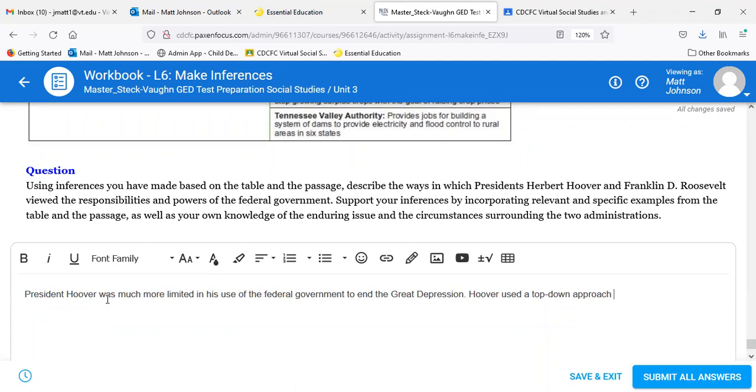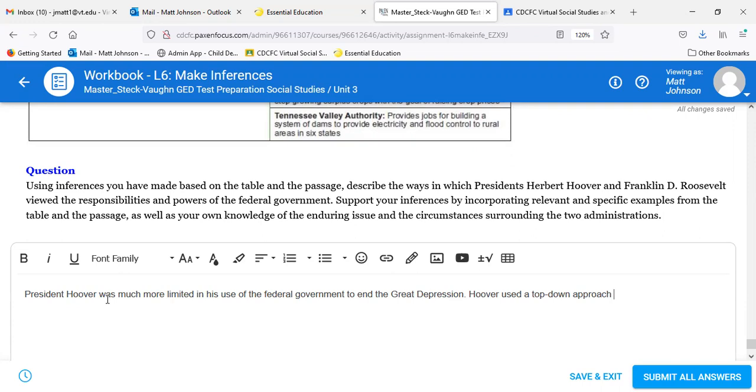It started with women, with individuals working together to change the situation and include them in voting. A top-down approach would be when the federal government does something to help, right at the top.